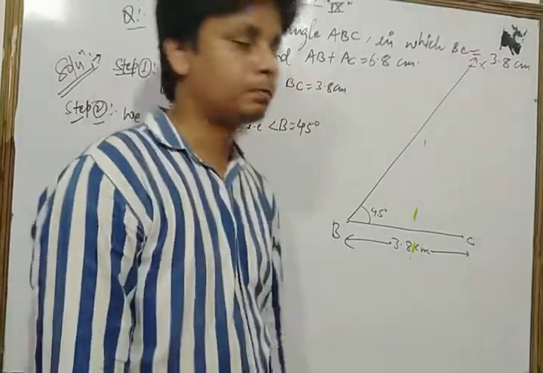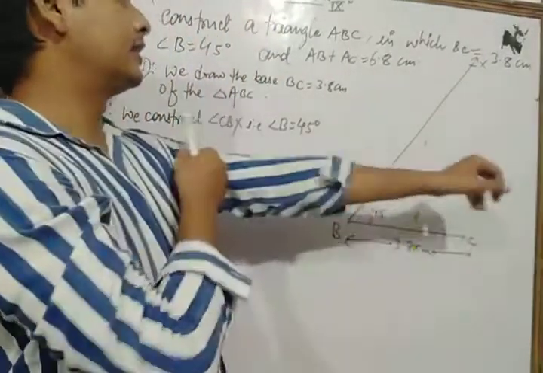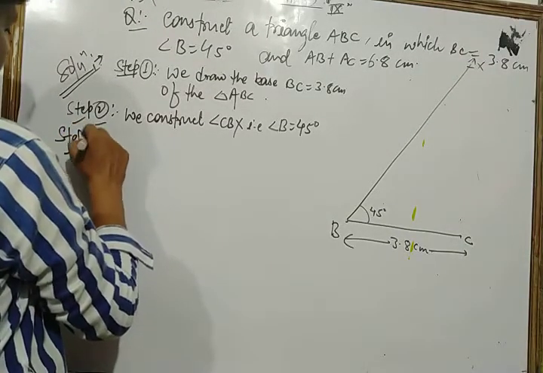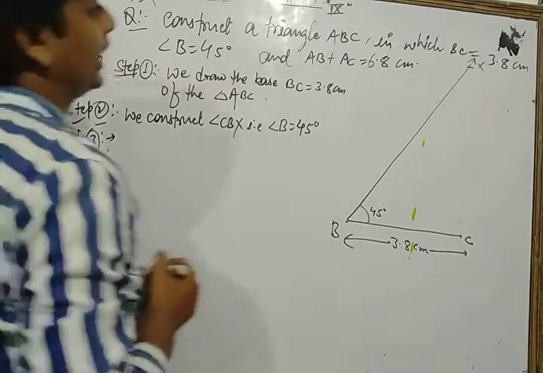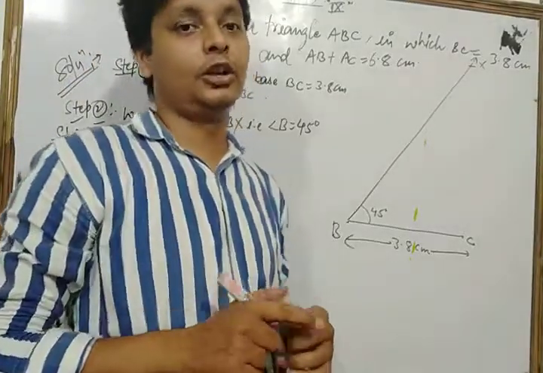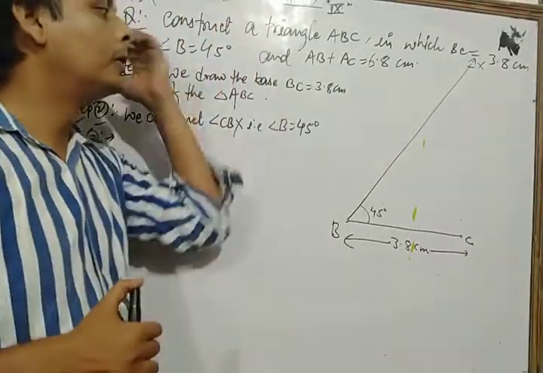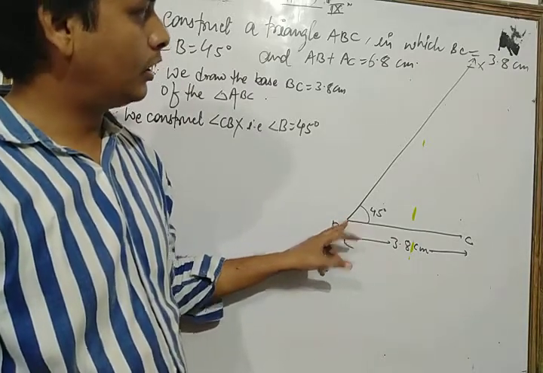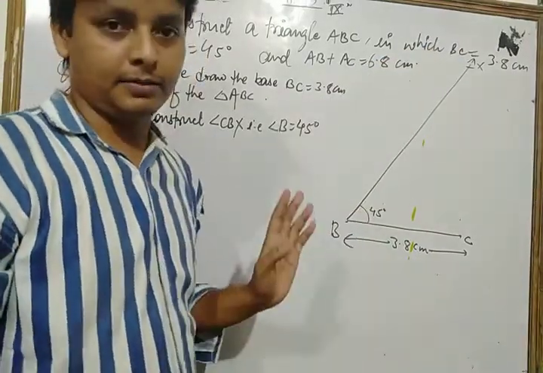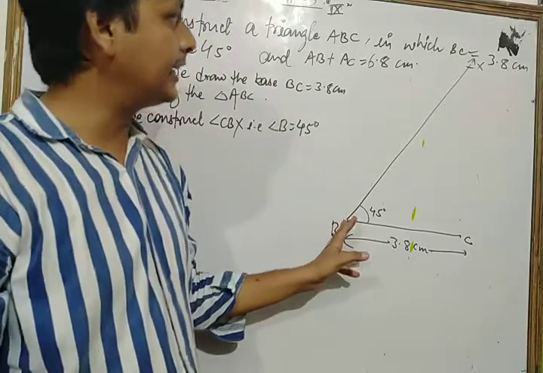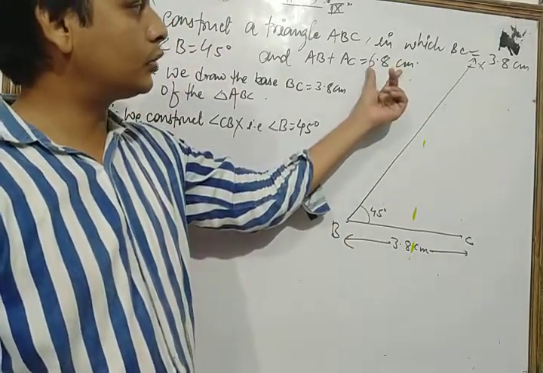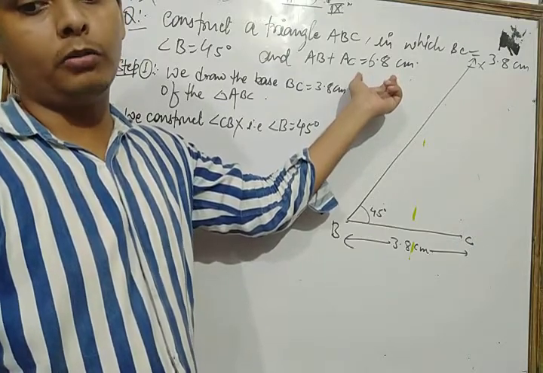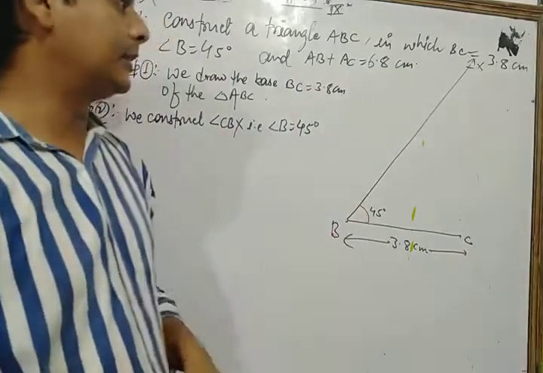Now what do we do? Dear students, in step third, now let's see. Taking B as center and distance equal to the sum of the other two sides, that is 6.8 centimeter, from the ray BX we cut a line segment.